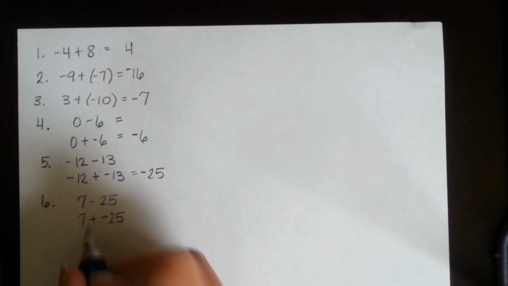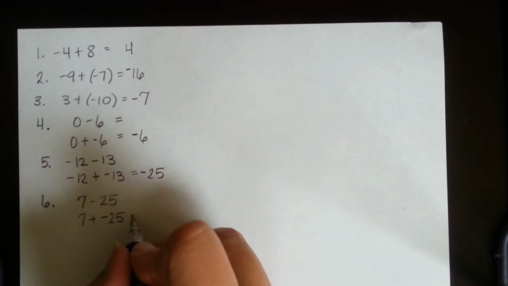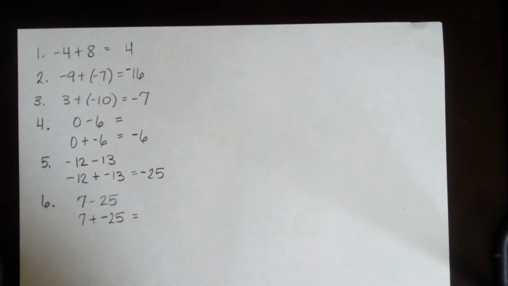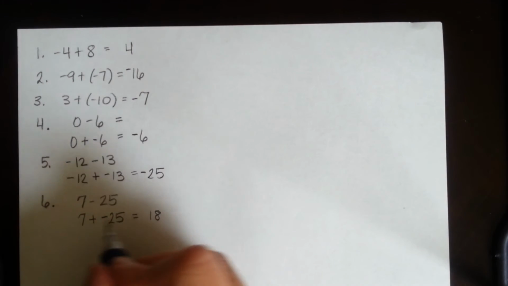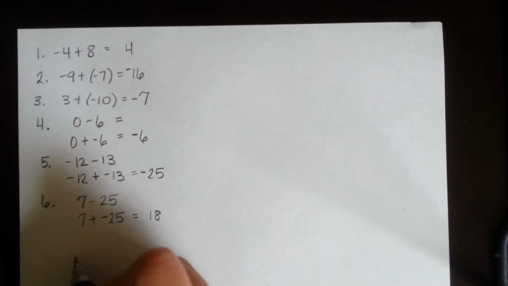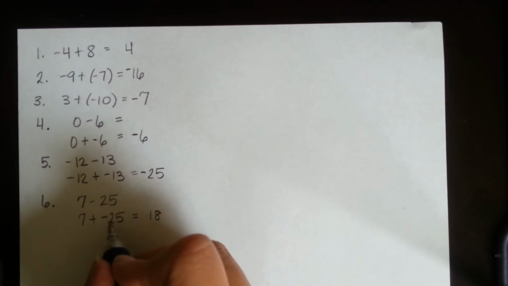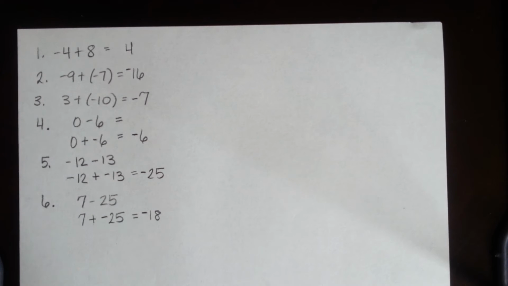Now that I'm following my addition rules, I have different signs, so I'm going to subtract the numbers. So 25 minus 7 would be 18. And then I keep the sign of the larger absolute value. This would give me a 7, this would give me 25. So this one's larger, I'm going to keep the negative. So a negative 18.